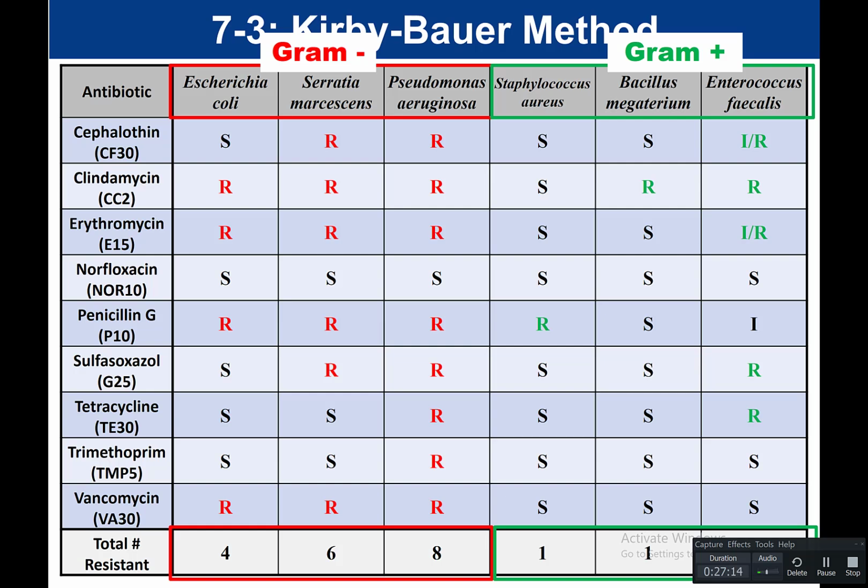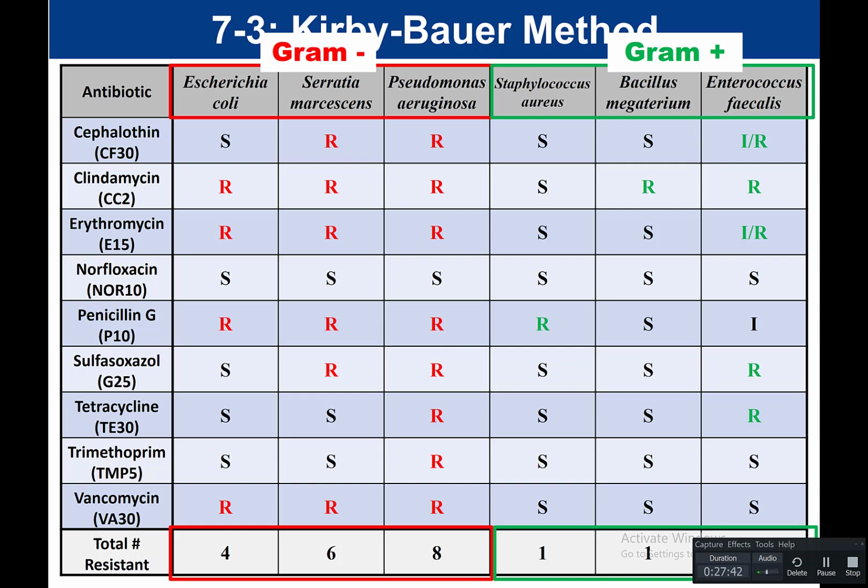And so in the next slide, I'm going to walk you through why you might see more or less resistance for certain organisms. But this is just to show you that in fact, there is a difference between gram-negative and gram-positive. You do not need to memorize this table. I will not ask you which drug is effective against which bacteria, but you just want to learn how to interpret this.